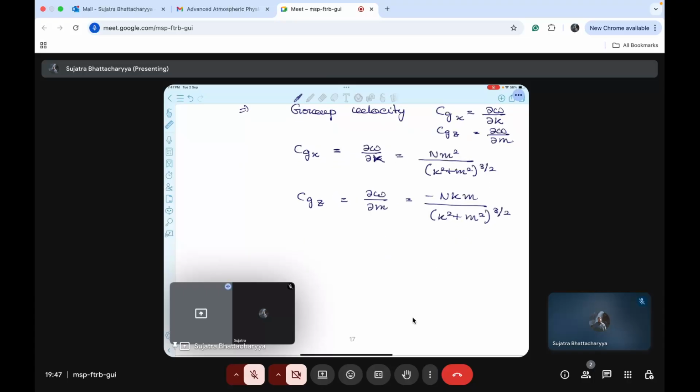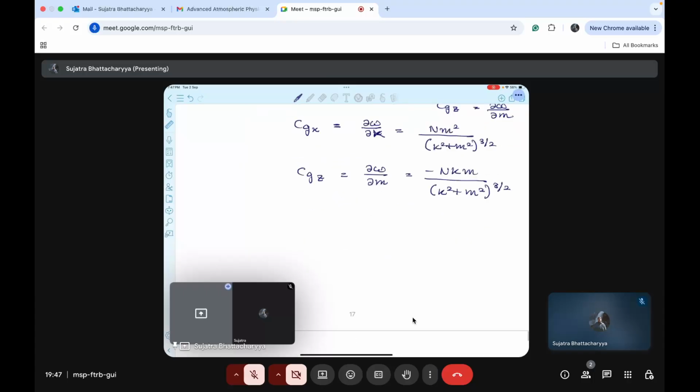Now, we will assume one thing. Let k be greater than 0 and m be less than 0. So the k vector is the propagation vector, so the wave will propagate in this direction.